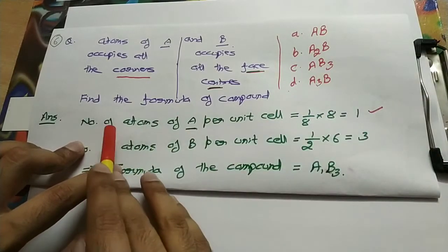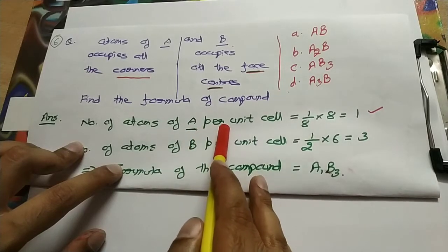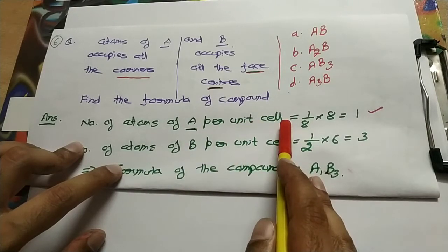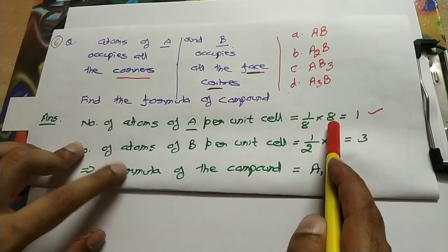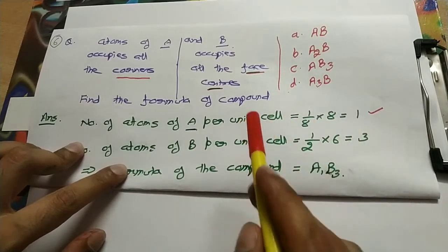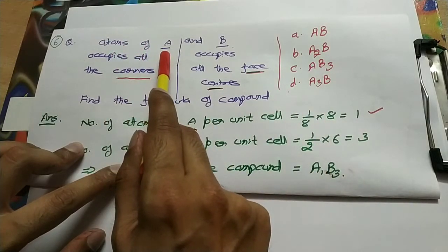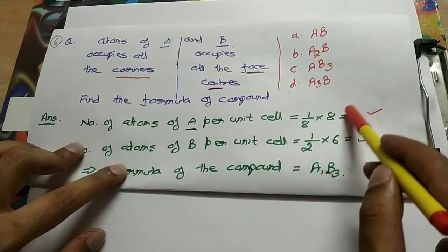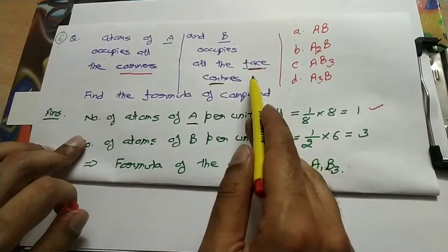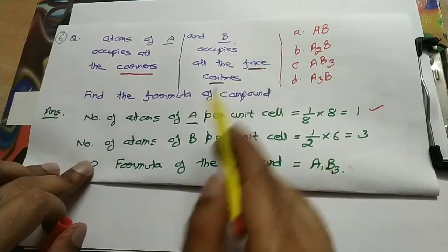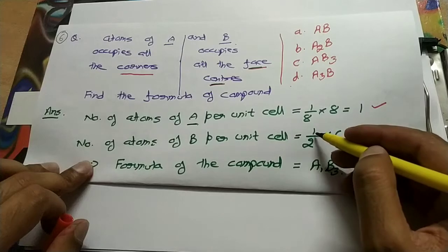यहाँ पे देखो क्या हुआ है, number of atoms of A per unit cell equal to 1 by 8 into 8 equal to 1. A के ठीक है, because atoms of A are present at corners only. 1. ठीक है. Similarly, atoms of B occupy face centers and one face center has contribution of half.